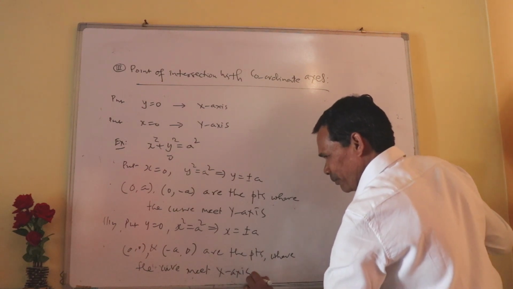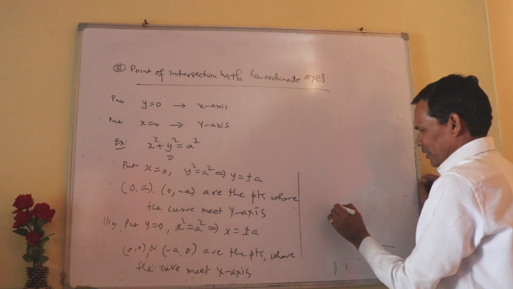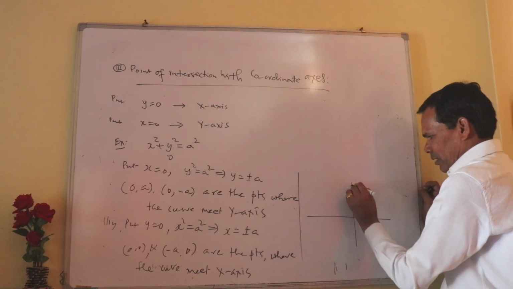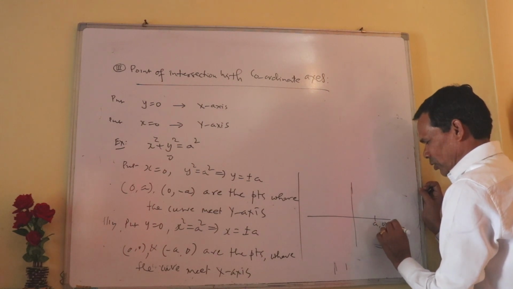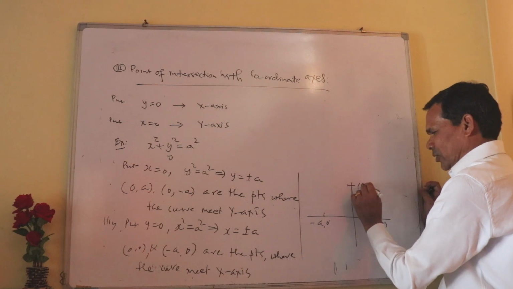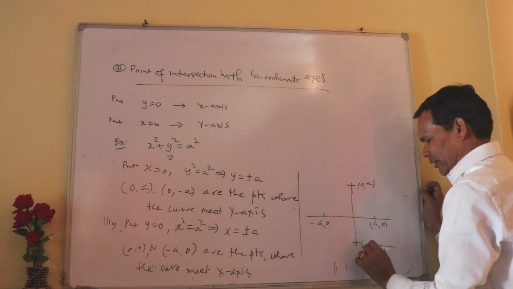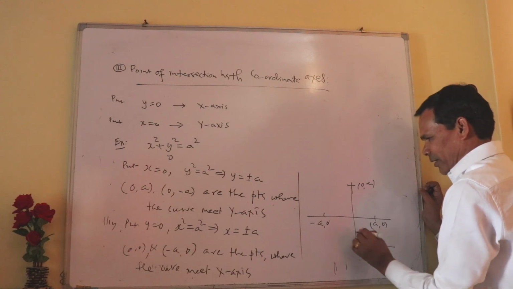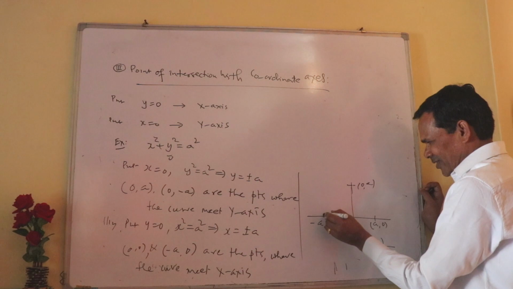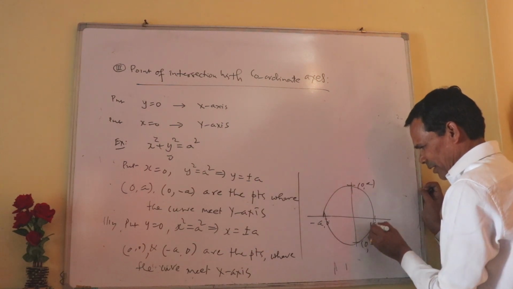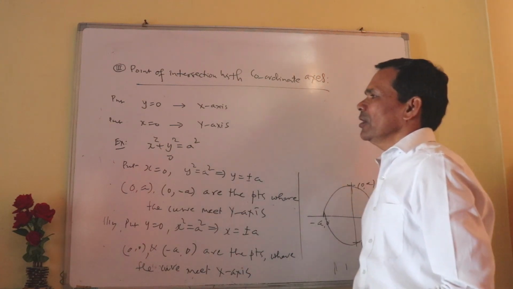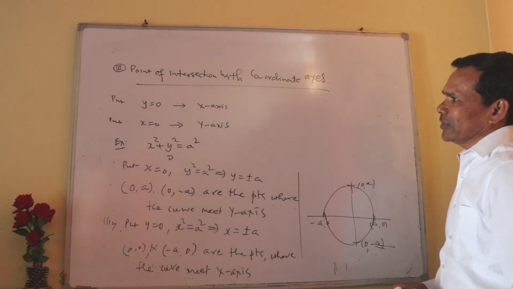For the circle, this point is (a, 0), this is (minus a, 0), this is (0, a), and this is (0, minus a), where the curve meets the axes, and the circle would look something like this. This is the way you can find the point of intersection with the coordinate axes.